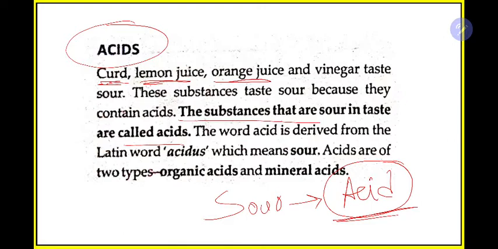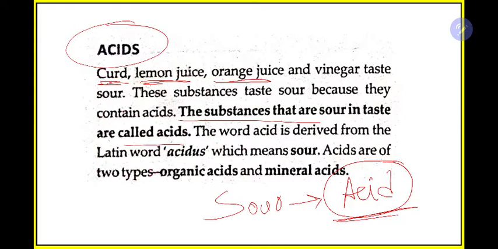So curd is sour in taste, so curd contains acid. Which acid? We know it very well that curd contains lactic acid, right? Lemon contains some other type of acid, right? We'll read in detail later on. Okay, the word acid is derived from the Latin word acidus, which means sour.